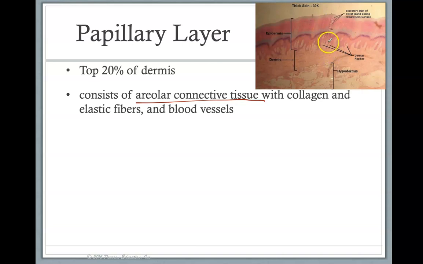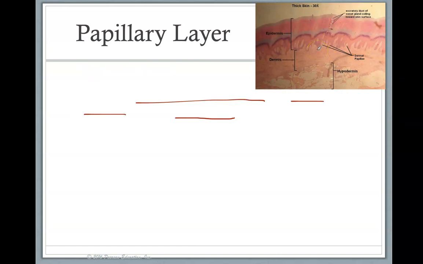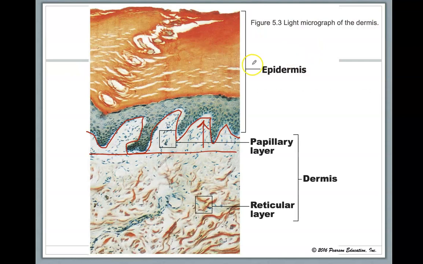So again, if you looked in here, there's mostly areolar connective tissue with these collagen and elastic fibers, and it's going to be very vascular. So there'll be a lot of blood vessels in here. And if you think about it, it makes sense, right? That we have these dermal papilla with these blood vessels running through here.